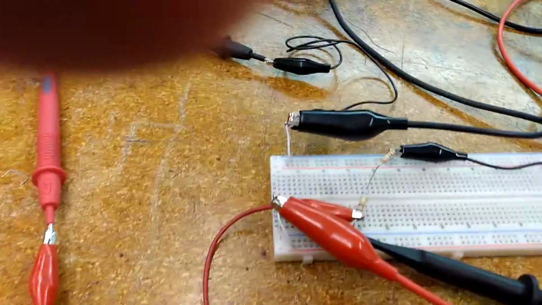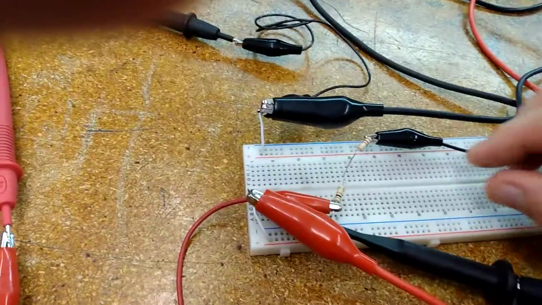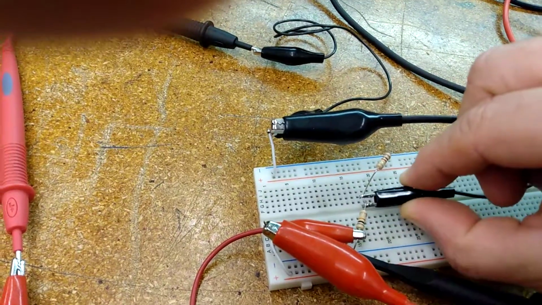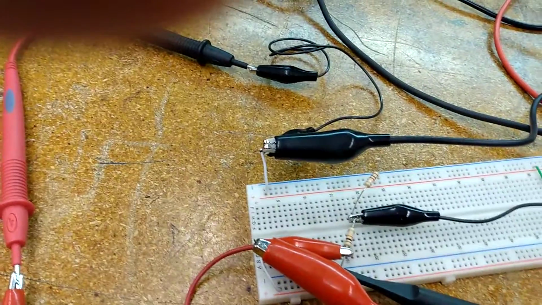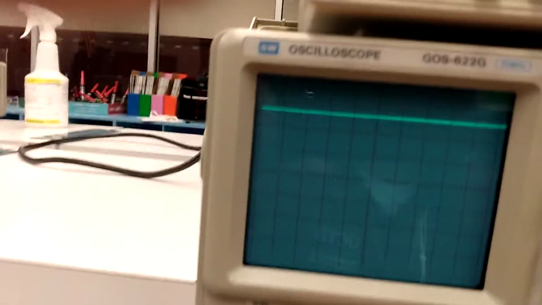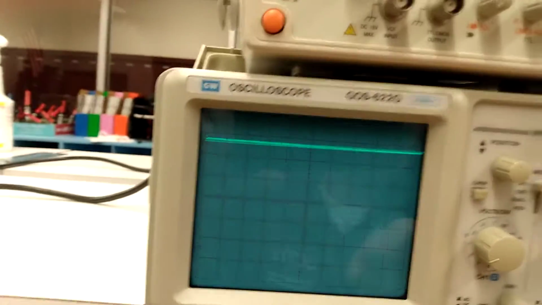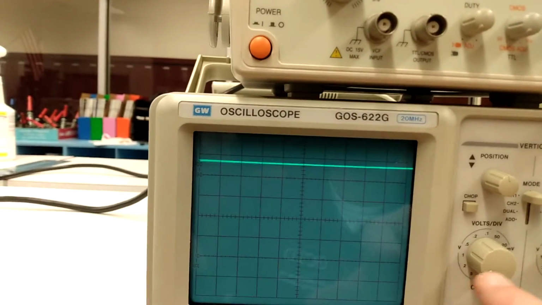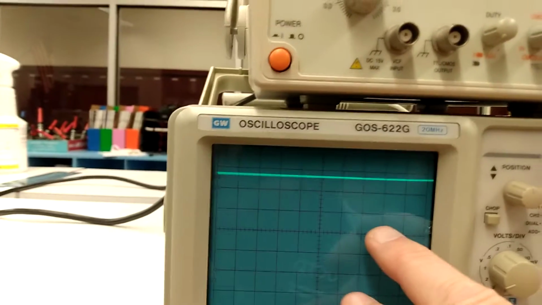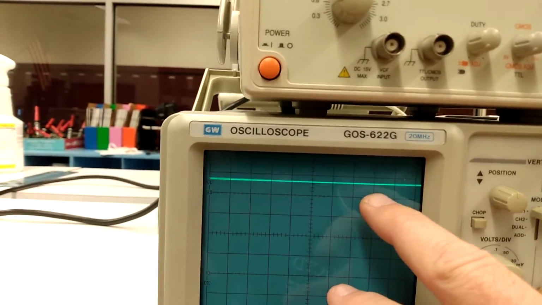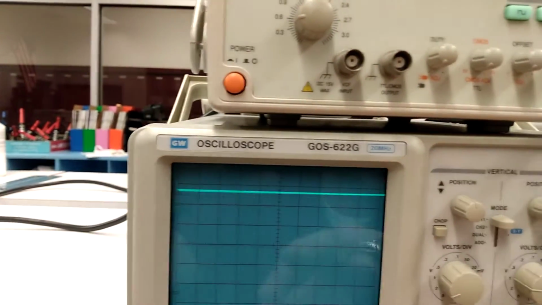Okay, you're asked to look at the voltage drop across both the 1k ohm and the 10k ohm. So let's first evaluate the 10k ohm on the oscilloscope. We'll come back up here to the oscilloscope. Notice our waveform, when we move that ground clip, is still a straight line, and I didn't change our volts to division. We are 1, 2, and not quite 3. We're above the half mark there.